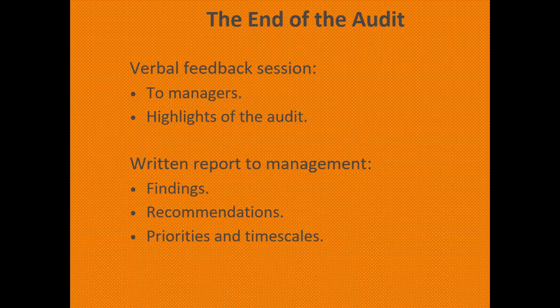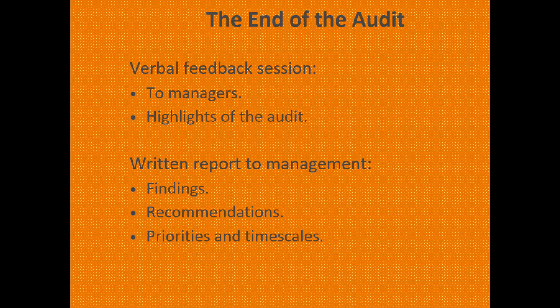So at the start, the auditor gives a brief description, and also gives verbal feedback to the managers: these are the highlighted issues which we found during the audit. Then after that he writes a complete and comprehensive report, including the findings, and the recommendations for the organization to close those issues and fix these observations.